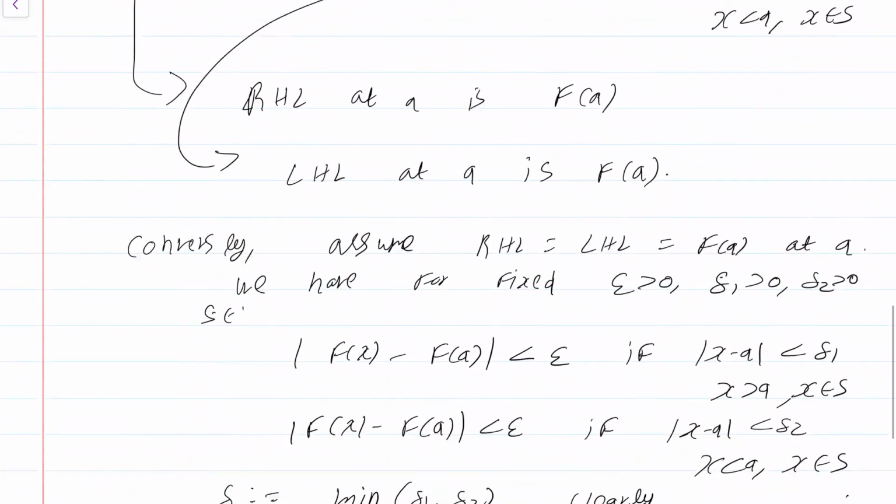Let's see a few examples pictorially to see what can happen. Take for instance a function which is 0 when x is less than or equal to 0, and 1 if x is greater than 0. I denote this by putting a circle here and a cross here to denote that at the point 0 the value is 0.